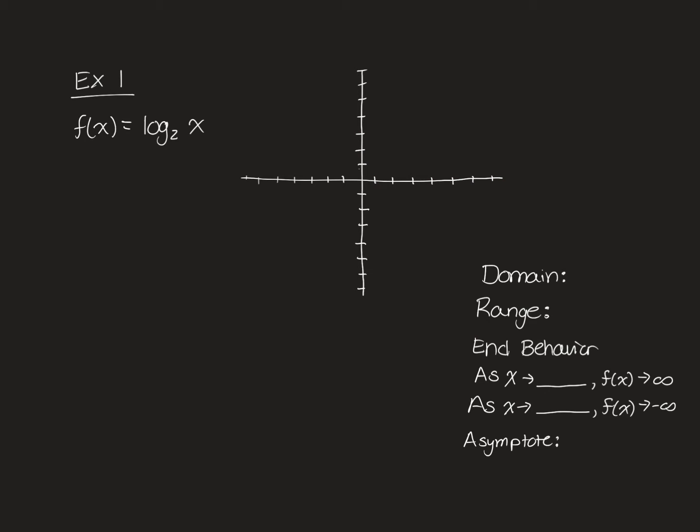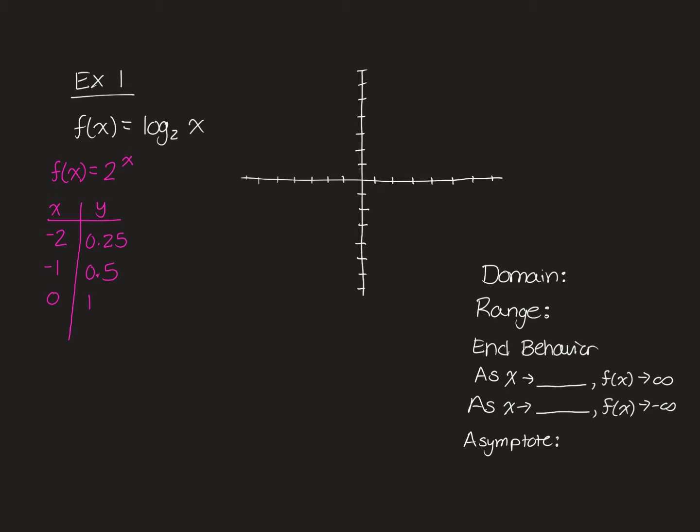Let's look at an example. We have f of x equals log base 2 of x. Again, we cannot graph it in the logarithmic form, so we go to an exponential. The inverse of this is going to be 2 to the x. If we make a table of values for 2 to the x, when x is negative 2, we are at 0.25. When x is negative 1, we are at 0.5.